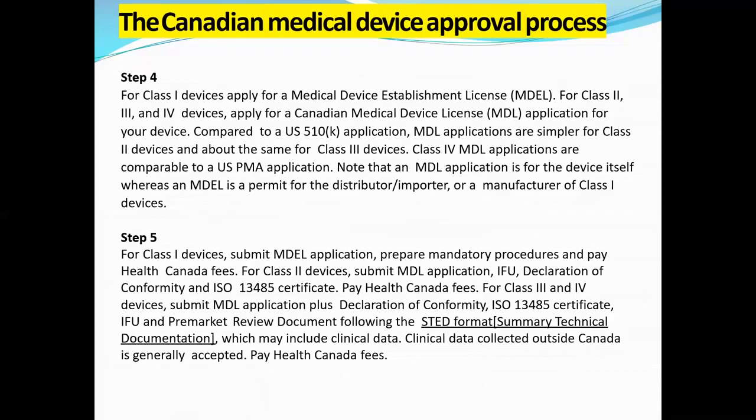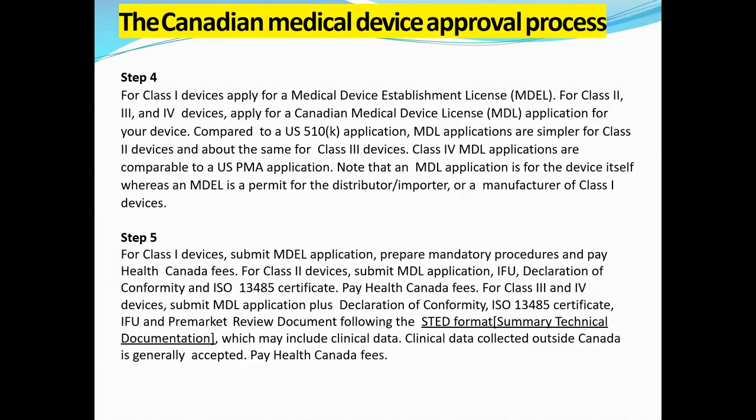Then, for a class 1 device, apply for a Medical Device Establishment License, that is MDEL. For class 2, 3 and 4 devices, apply for a Canadian Medical Device License, that is MDL. So these are the two applications for different classes of medical device.